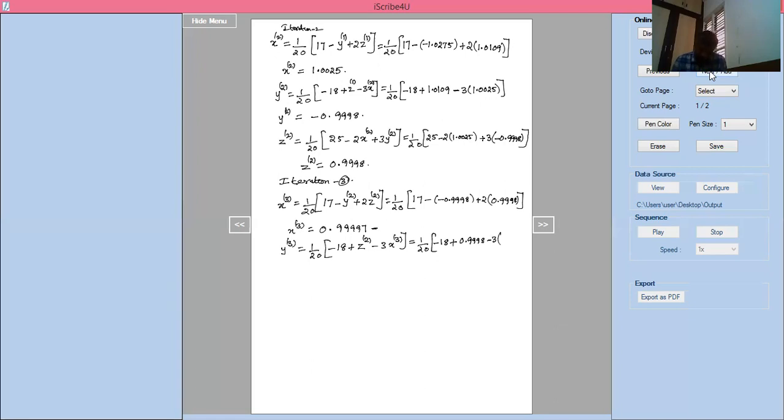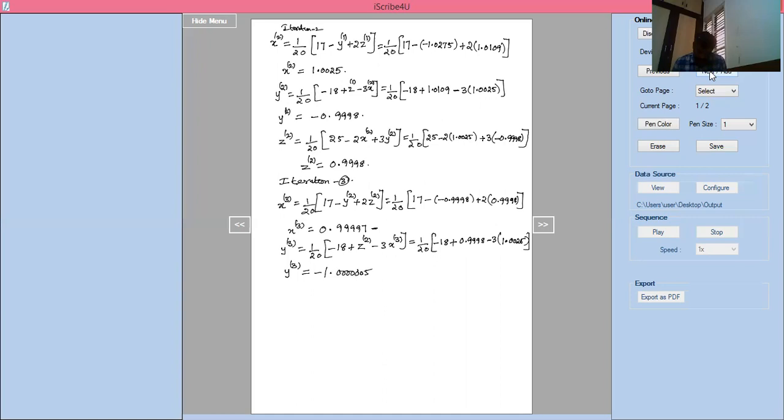X of 3 is 1.0025. Now we'll simplify this, we'll get y of 3 equal to minus 1.00005, with 4 zeros or 5 zeros, 5 you will get.